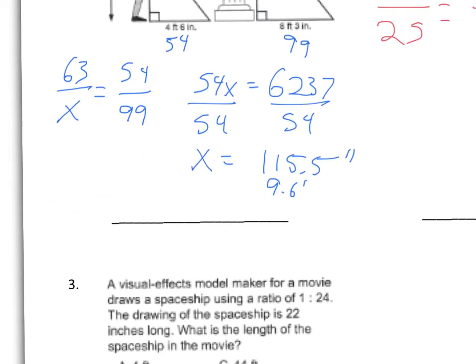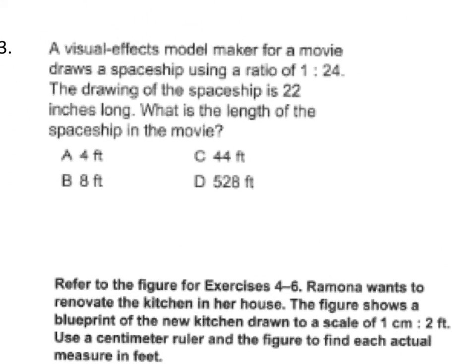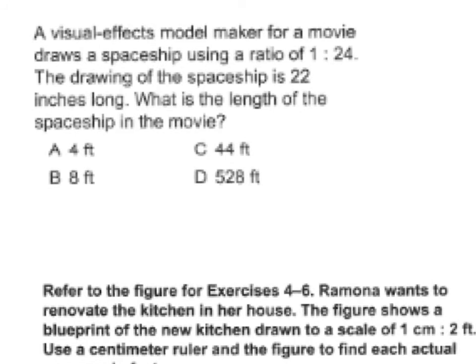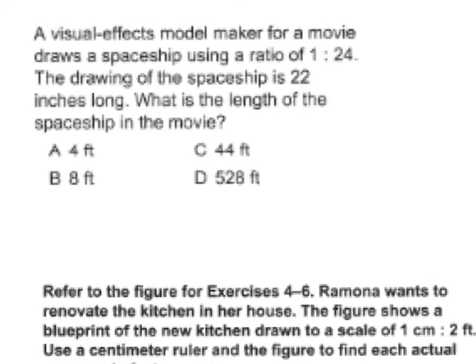3 is a very similar problem. A visual effects maker for a movie draws a spaceship with a ratio of 1 to 24. That's our ratio. The drawing of the spaceship is 22. So remember my ratio. 1 is every inch, or whatever unit, they don't tell us the units, but whatever that is, it's going to actually be 24 actual physical feet.